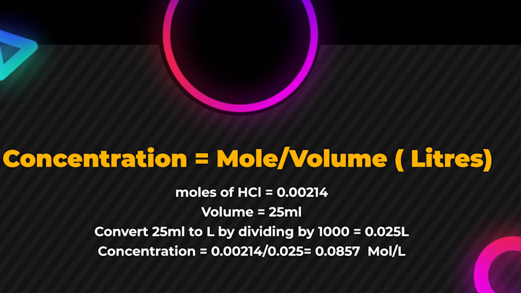The number of moles of hydrochloric acid present is 0.0021428. Therefore, the concentration of hydrochloric acid present in the conical flask is equal to 0.0021428 divided by 0.025, which is equal to 0.0857 moles per dm cube.